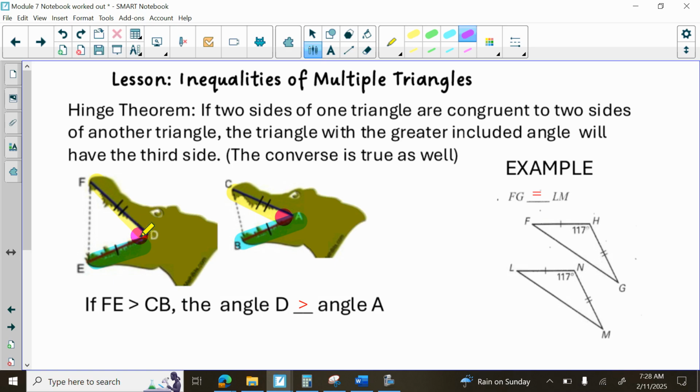So if angle D is bigger, that means FE will be bigger than CD. Make sense? Because it opens wide. And that's what we're going to be going over.